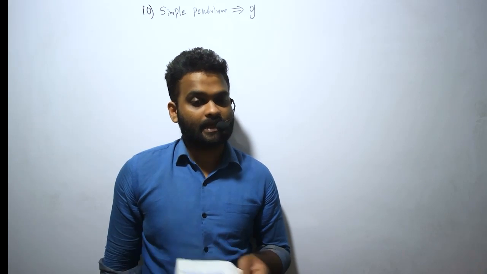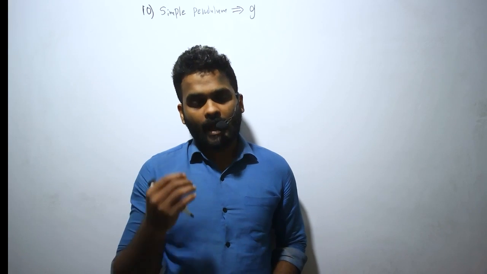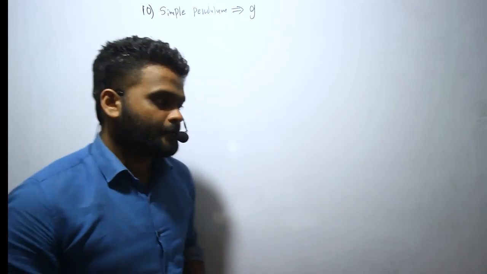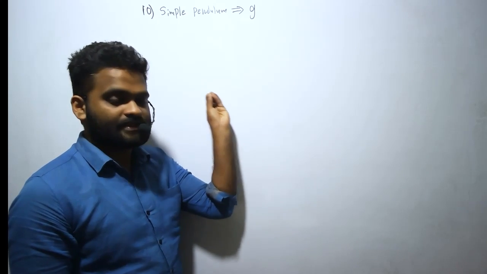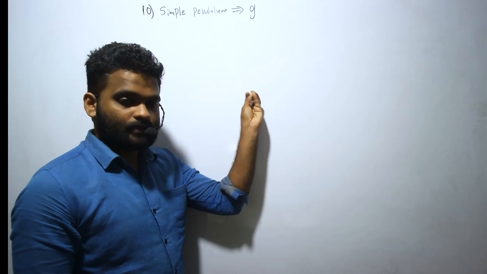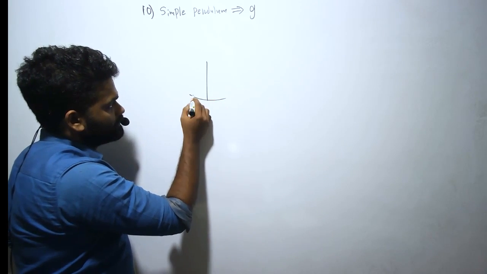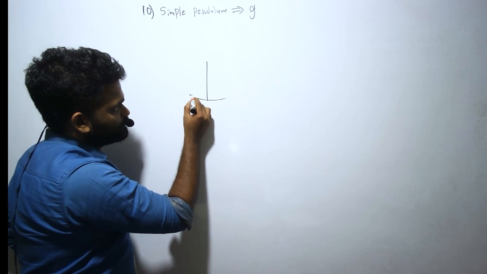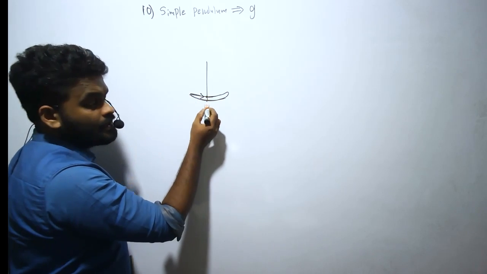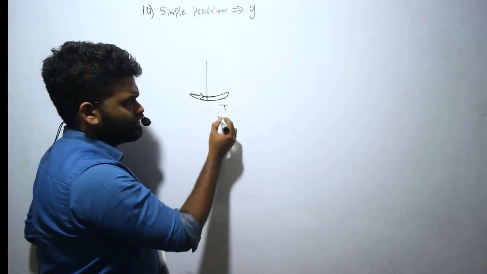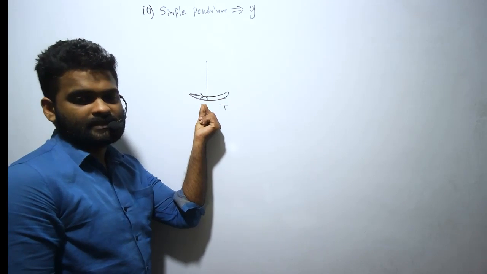Then we are going to move to another one. You might have heard that when you are measuring the time period of this, it is better to take more than just one oscillation. Let's say it starts from here, goes here, here, then comes back here. Time for one oscillation we can measure using a stop clock, but this is a less accurate method.